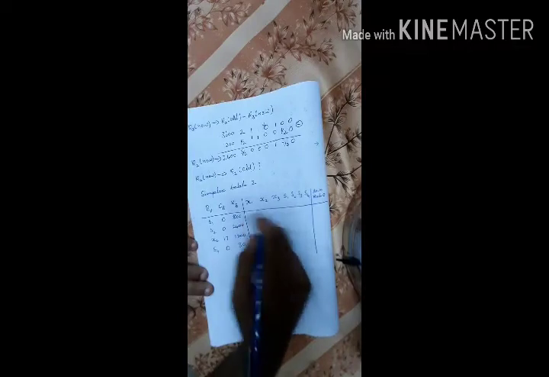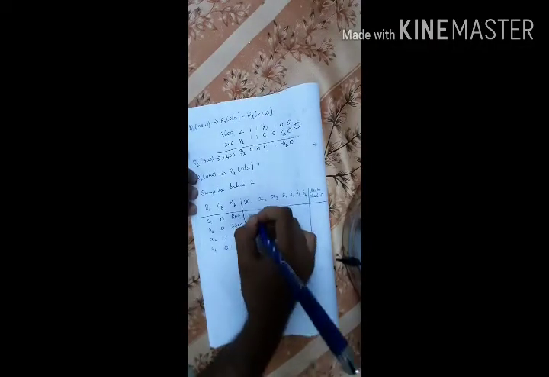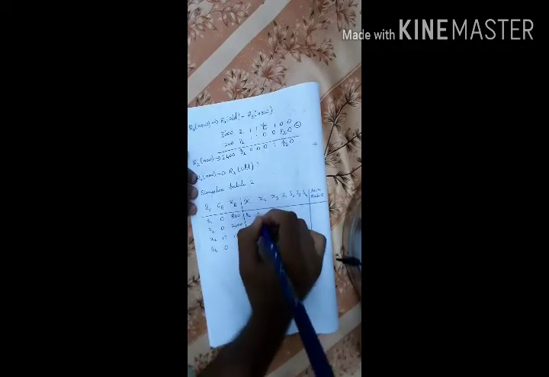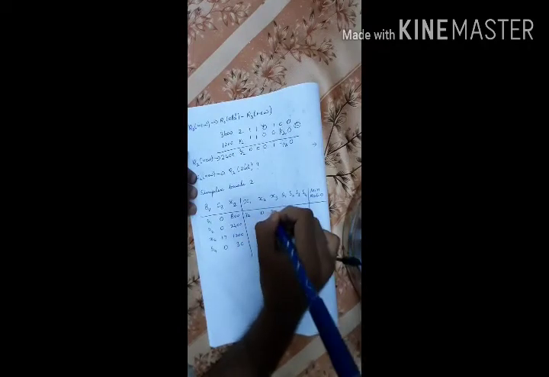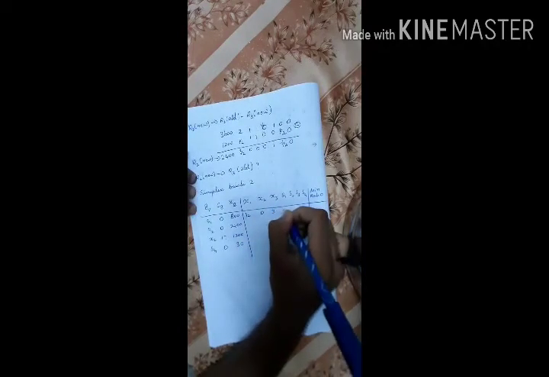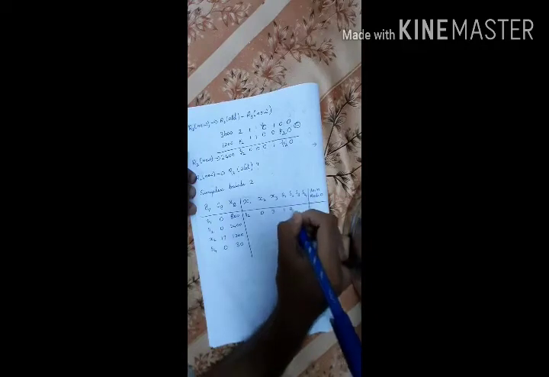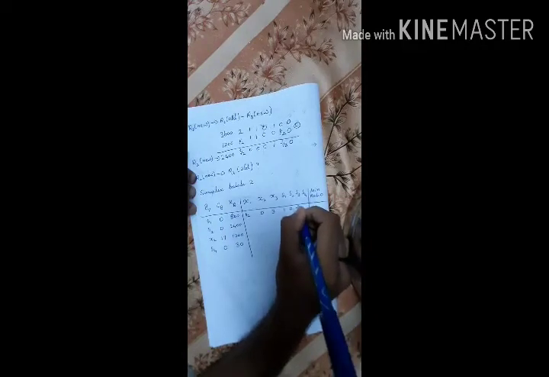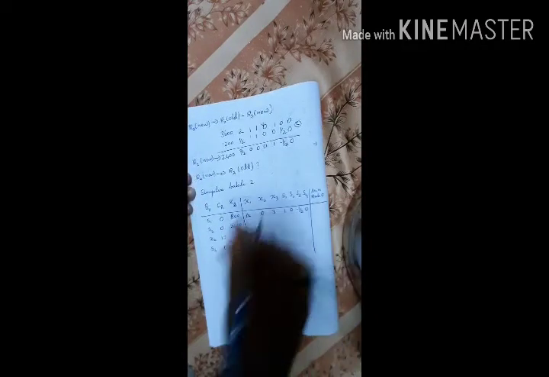The values here are 1 by 2, 0, 3, 1, 0, negative 1 by 2, 0. So this is the R1 values, right?